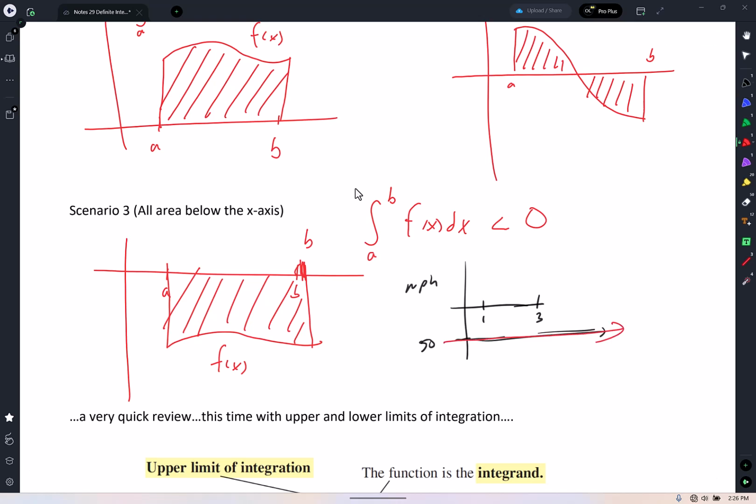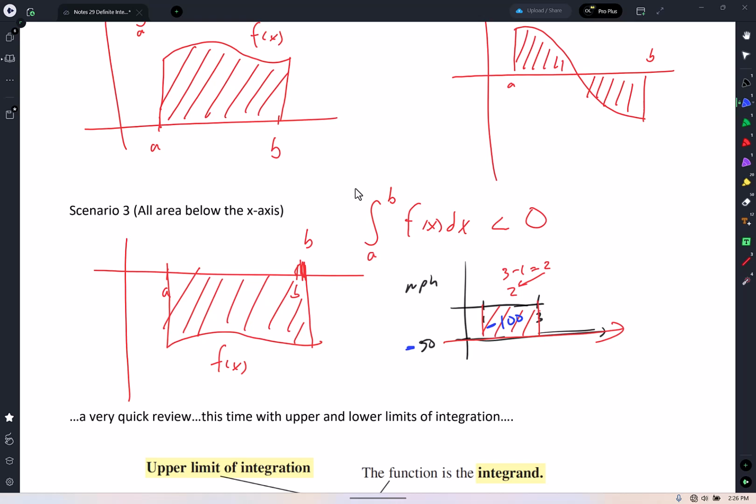If I were to ask how many miles did he travel, what is this area here? Well, notice this gap is 2, the difference between 3 and 1, right? 3 minus 1 equals 2. And then 2 times 50, that's 100. So this right here will be 100. But because it's negative 50, this will be negative 100. And I should have put a negative in the front of that because it's below the x-axis.